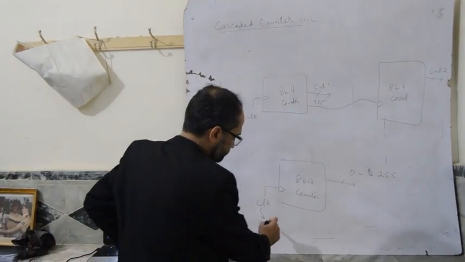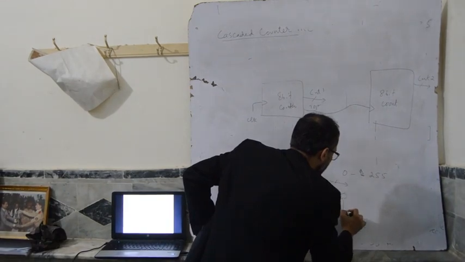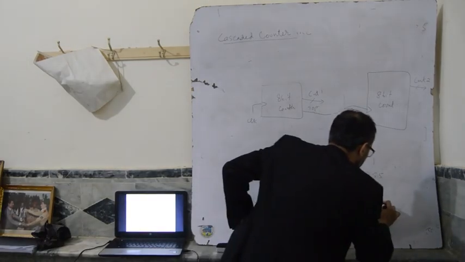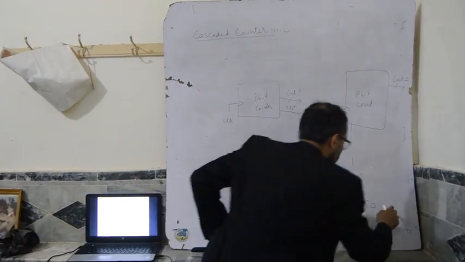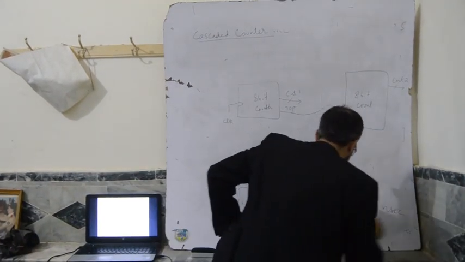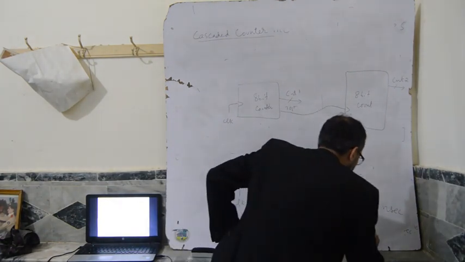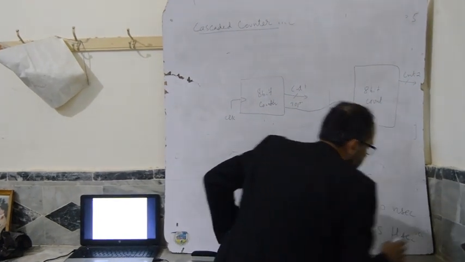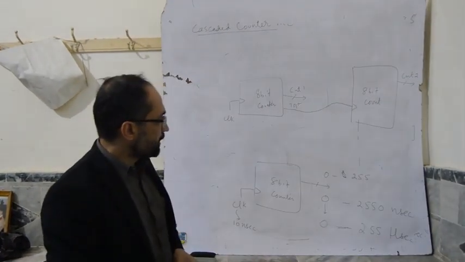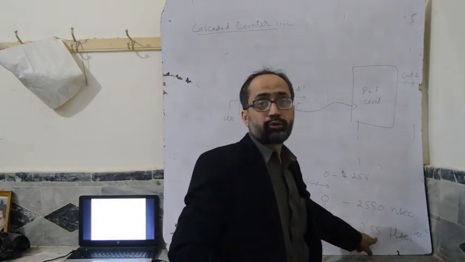So it can count from 0 to 2550 nanosecond. So the minimum interval is 0, the maximum interval is 2.55 microsecond. So this counter is capable of counting from 0 to 2.55 microsecond.